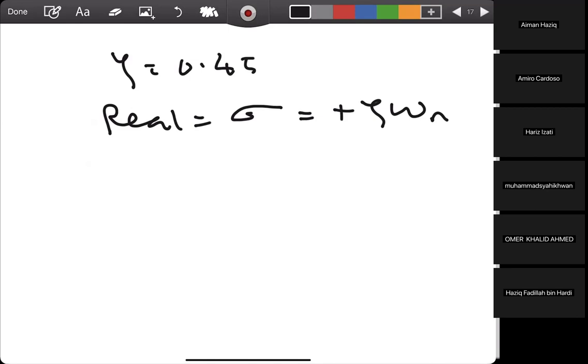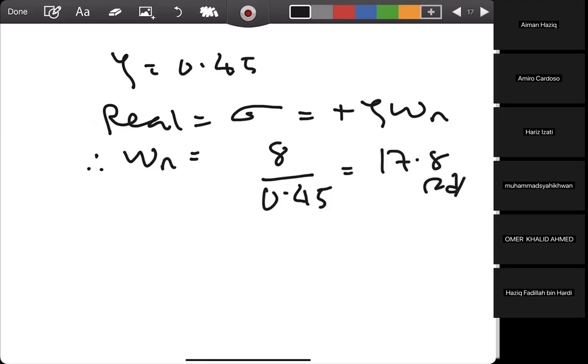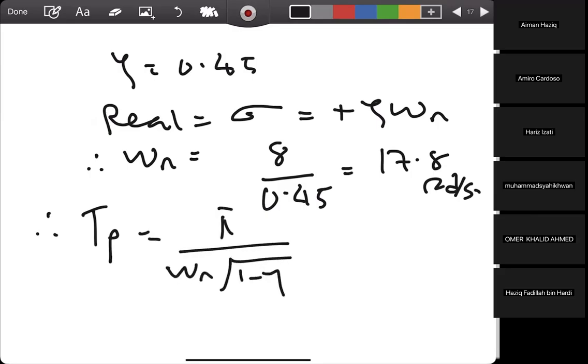So that's why omega n is equal to 8 divided by zeta, which is equal to 17.8 radian per second. So therefore Tp will be pi over omega n times square root of 1 minus zeta square. So you insert this omega n, you insert this zeta.